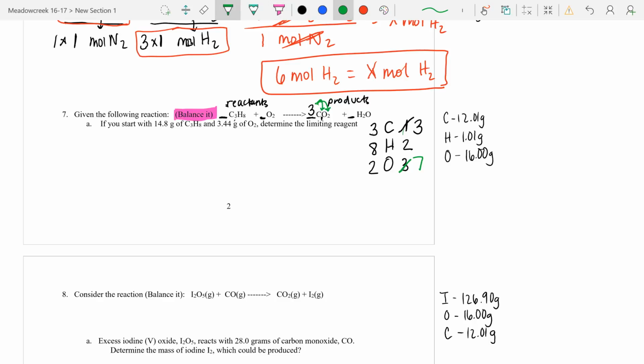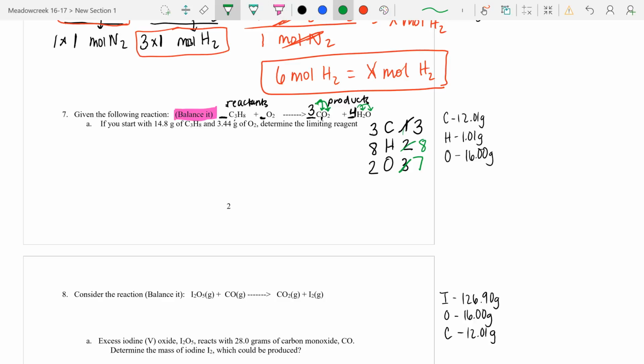And so now my carbons are balanced. Well, let's balance hydrogen. Hydrogen has 8 on the left and 2 on the right. Because 2 is smaller, I'm going to start on that side, and I say, okay, I want to make 2 into an 8. And the only way to do that is to multiply by 4. So if I put a 4 right here in front of water, I can say 4 times 2 hydrogens is 8. And it's also going to be multiplied by my oxygens.